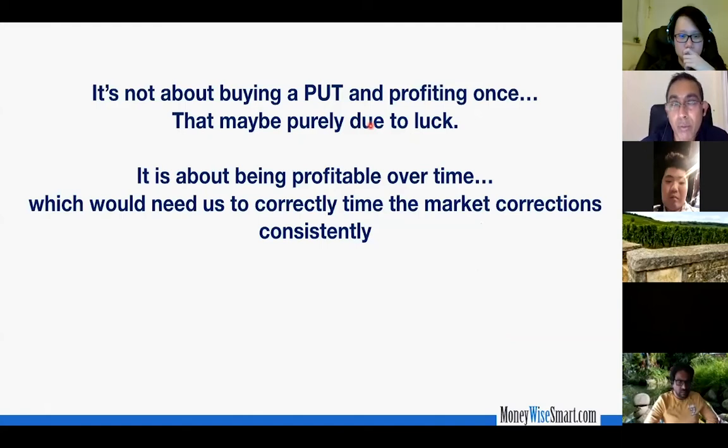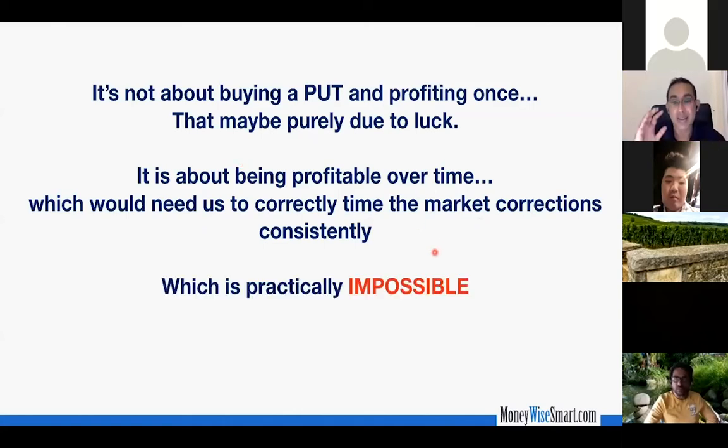Though he might try to brag on social media saying how smart he is, it's mostly luck. So it's not about just profiting once, it's about being profitable over time, which would need us to correctly time the market corrections consistently. And that is practically impossible. It's very, very difficult.